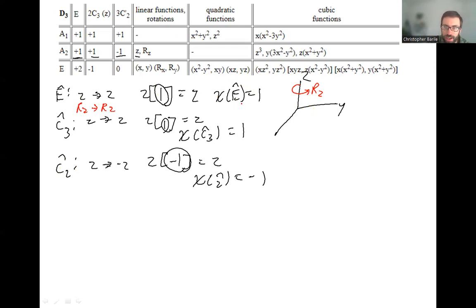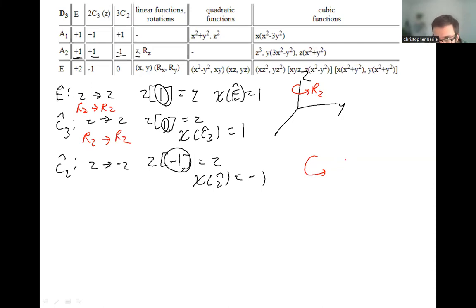We're going to get chi equals 1. If we do a C3 on it, RZ also goes to RZ. Let's think about what that means. That means we have this vector right here, and we just did a 120-degree rotation on it. So the head, we're along the z, right, along in this direction. So the head and tail shifted positions a bit.